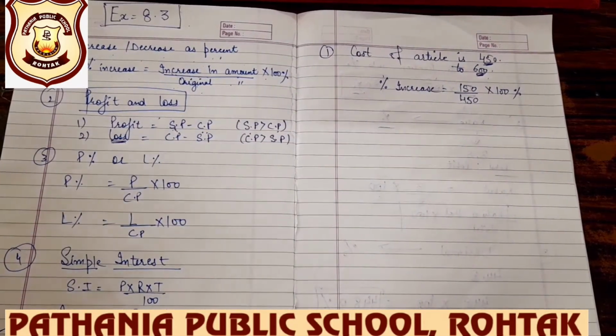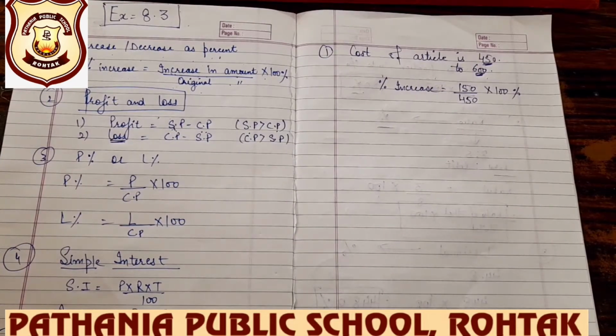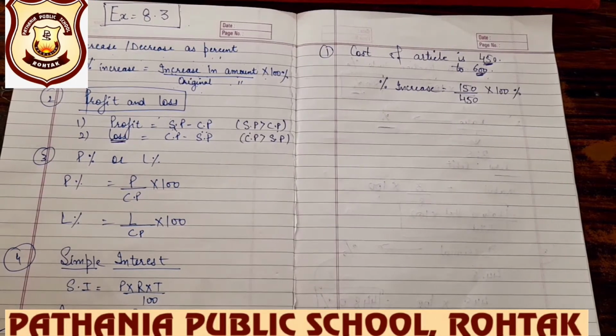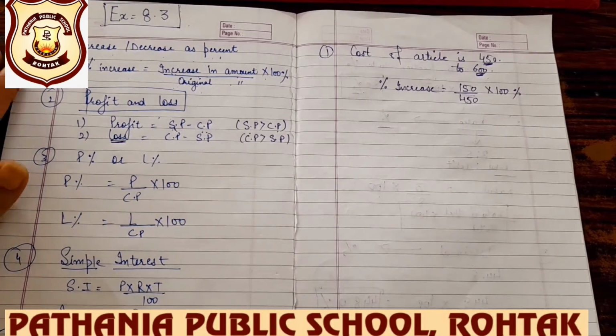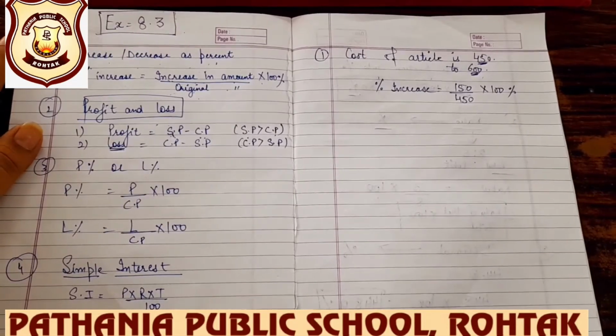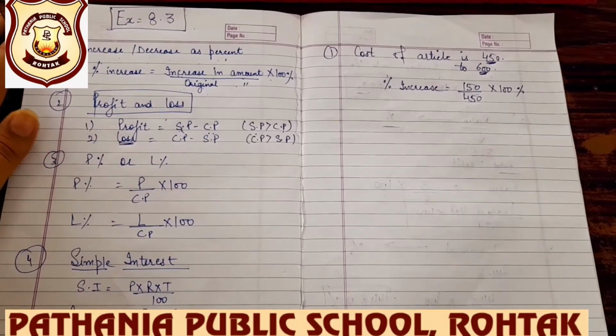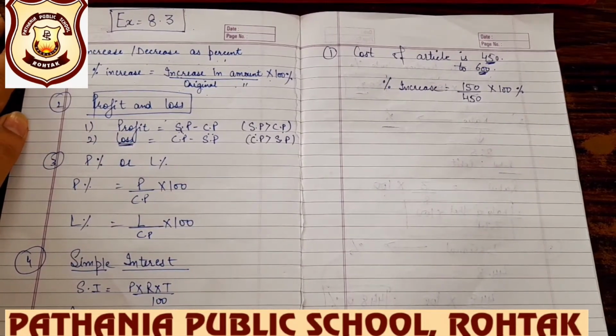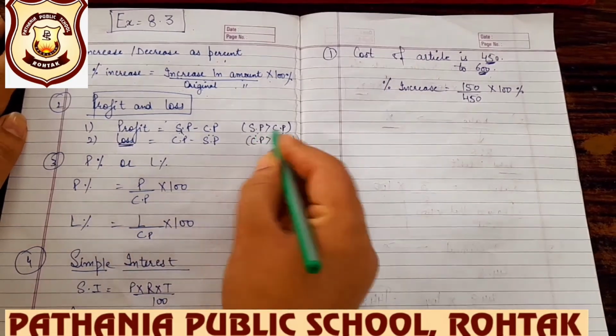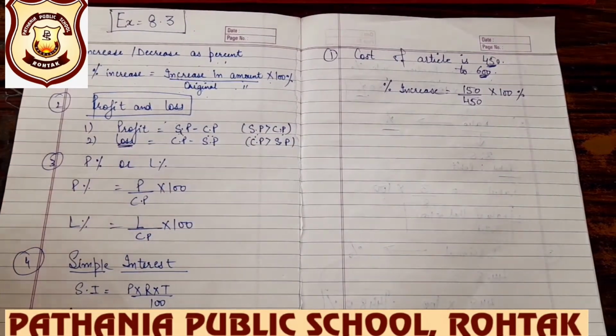For example, you bought an article for rupees 20 and you further sold that article for rupees 25. So there will be profit of rupees 5. If you purchase for 20 rupees and sell for 25, there will be profit, right? Why profit? Because SP is more than CP.